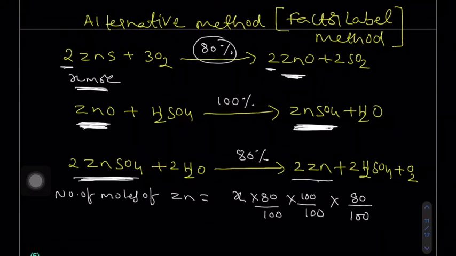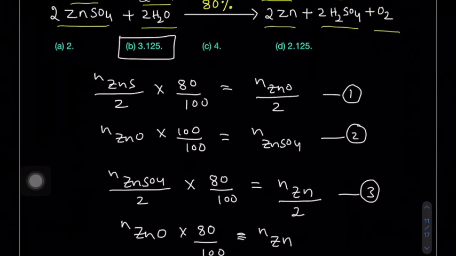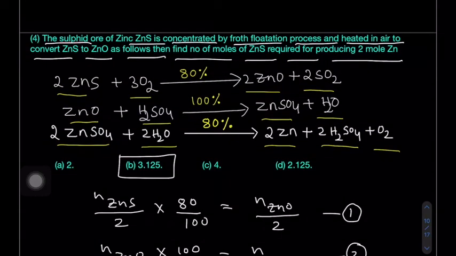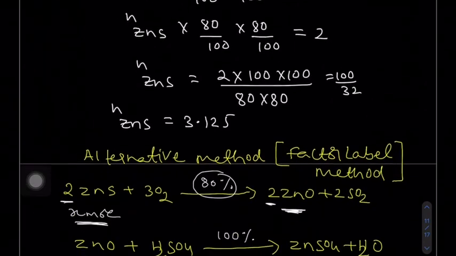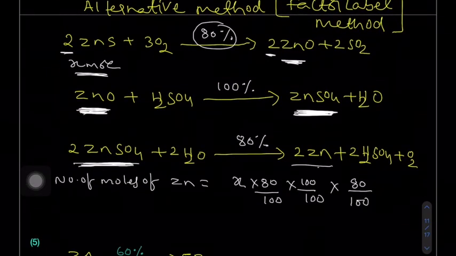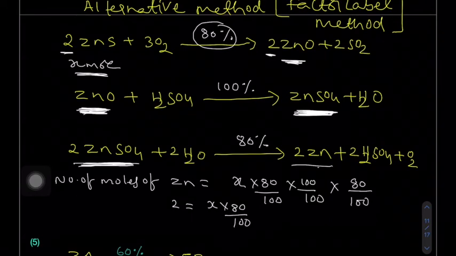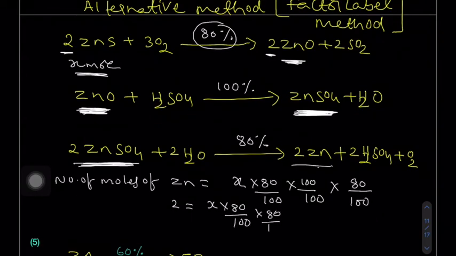From here we need to find how many moles of ZnS are needed for producing the 2 moles of Zn. The number of moles of Zn given to you is 2, which is equal to X into 80 by 100 into 80 by 100.